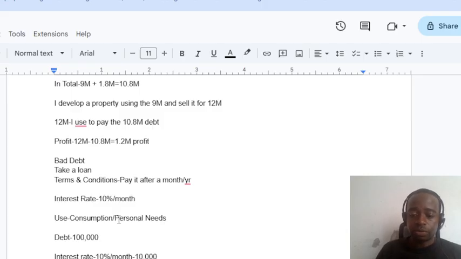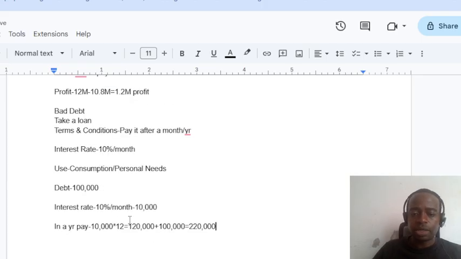So you will pay 220,000 in total. Now, because you used this debt to consume or for personal need, you haven't earned any income. So you still have to pay the 220,000, and you didn't use this money to start a business that could have earned you an income or a profit.